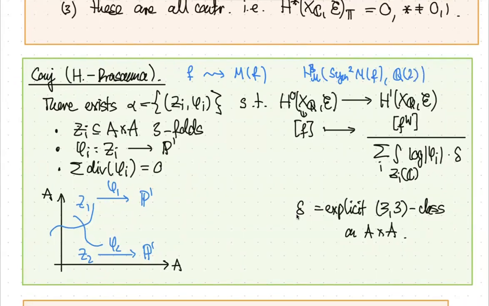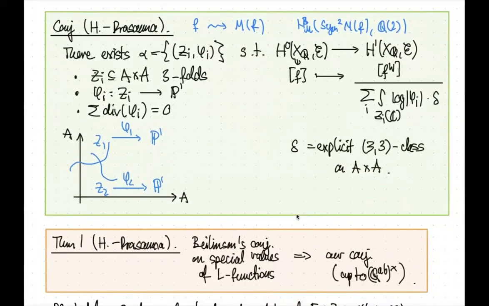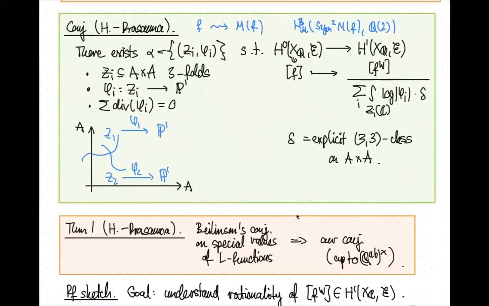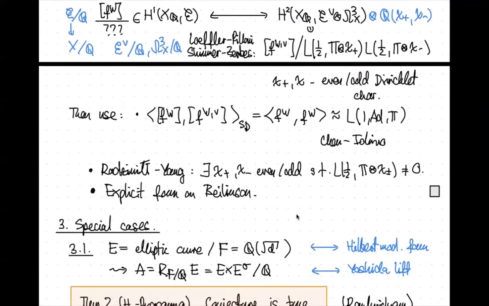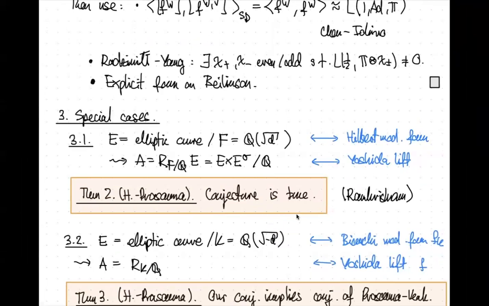So the motive itself we don't know how to get. What I was trying to get at is that in this case of the elliptic curve, it turns out that the symmetric square motive is also associated to the adjoint motive of the Hilbert modular form.